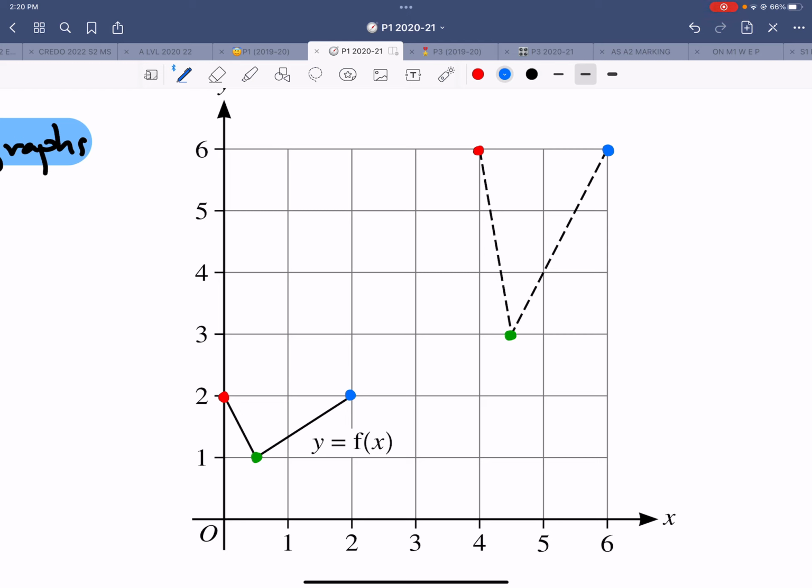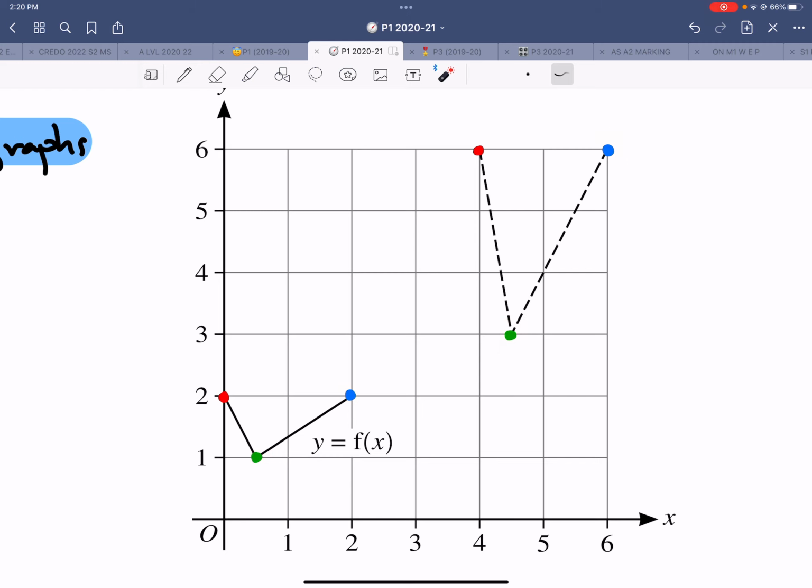Now, what do you observe? If I look at the y-coordinate, the y-coordinate of 2 became 6, 3 times. The y-coordinate of 1 became 3, naturally 3 times. Again, this 2 became 6.